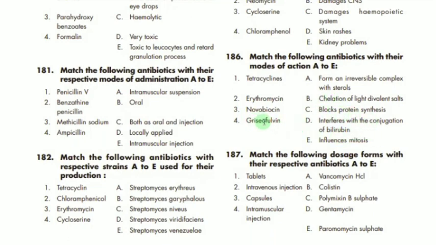Novobiocin. Novobiocin interferes with conjugation of bilirubin. So D is the correct option. Fourth is griseofulvin, and the correct option is E, influences mitosis, which is mostly involved in fungi.